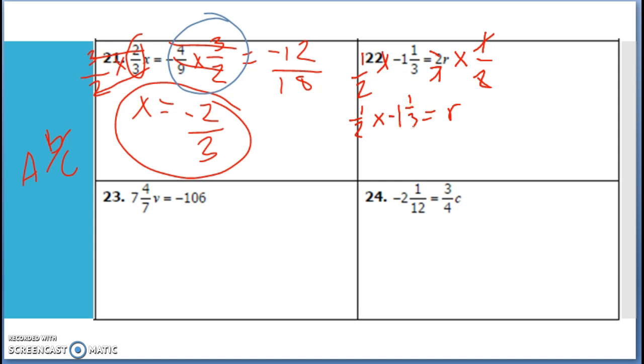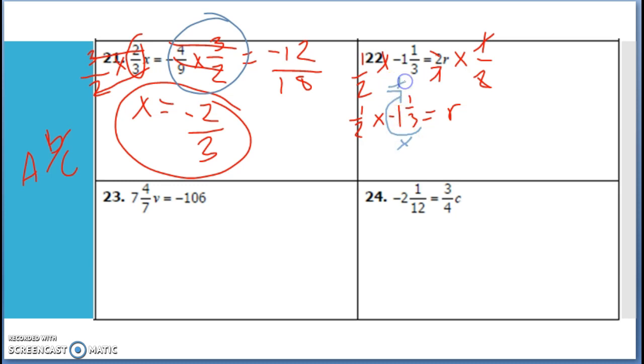So this is one where you have a couple options. Fraction button 1, fraction button 2, times negative 1, fraction button 1, fraction button 3, equals r. We can do it the long way. Or we can convert that mixed number by hand, and then we can solve. So if we convert it by hand, we would first have to turn this into an improper fraction.